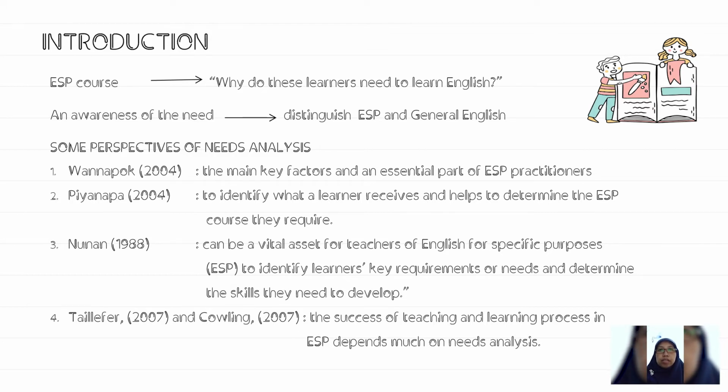While Trelever and Colling reveal that the success of the teaching and learning process in ESP depends much on needs analysis. It is obvious that needs analysis can help learners adapt to the new learning system when their teachers recognize their needs in the learning process, as suggested by Karkin and Kamal.